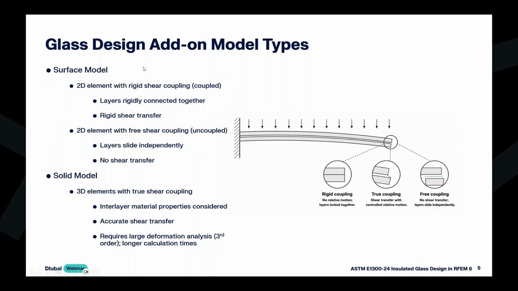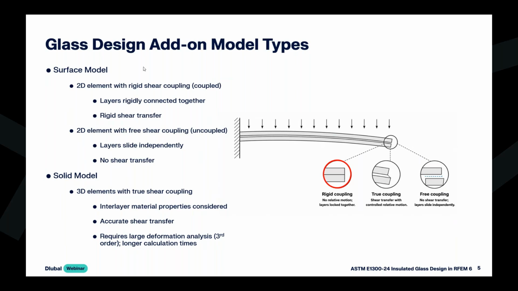And we're going to keep that glass panel as a two-dimensional element, but we have two different options here when it comes to shear coupling. The first is a 2D element, a surface model with rigid shear coupling. So this is essentially where all of our layers are rigidly connected together. So therefore, we're going to get rigid shear transfer between each one of those layers.